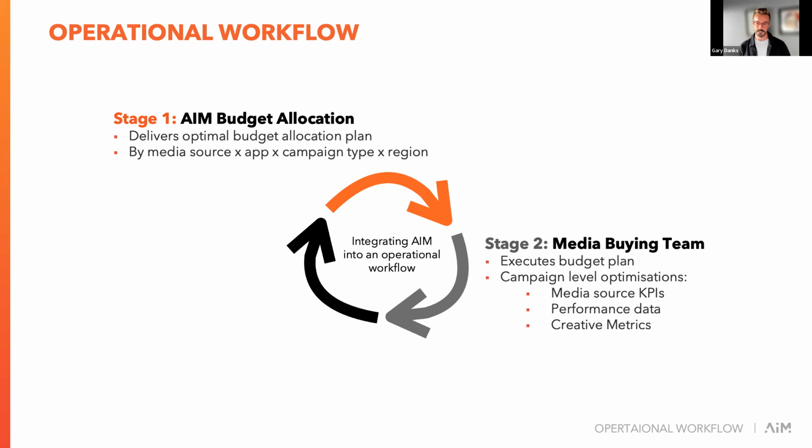Stage two would be the media buying team. The media buying team would execute that information. So the information would be adjust your spend here, adjust your spend there. And the media buying team would then proceed to make their campaign level optimizations. They would do this by media source, by the performance data, and by creative metrics.